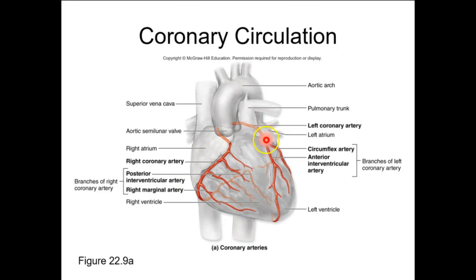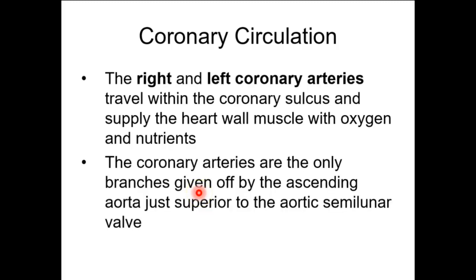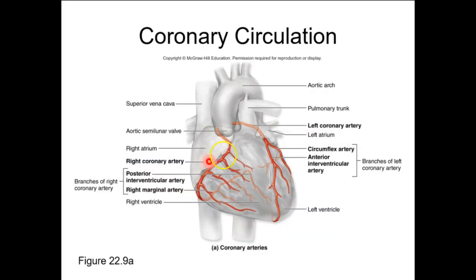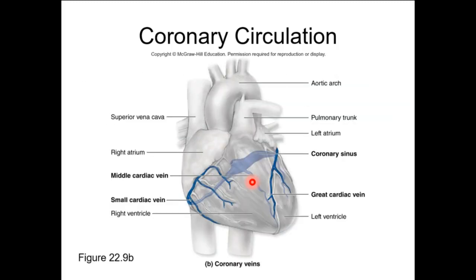So again, the left coronary artery gives rise to our LAD. The right coronary artery gives rise to the posterior interventricular and the marginal as well. Those also reside in the coronary sulci. So anterior coronary sulcus, or interventricular sulcus, posterior interventricular sulcus.